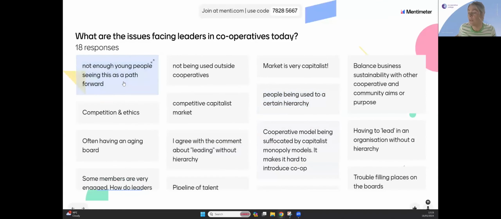Something that has come up right at the beginning is not enough young people seeing this as a path forward. And it comes up a lot in the training that we do here at the college. And we also have our youth programs as an educational offer too at the college. But you ask young people about cooperatives and they just automatically assume it's a shop.